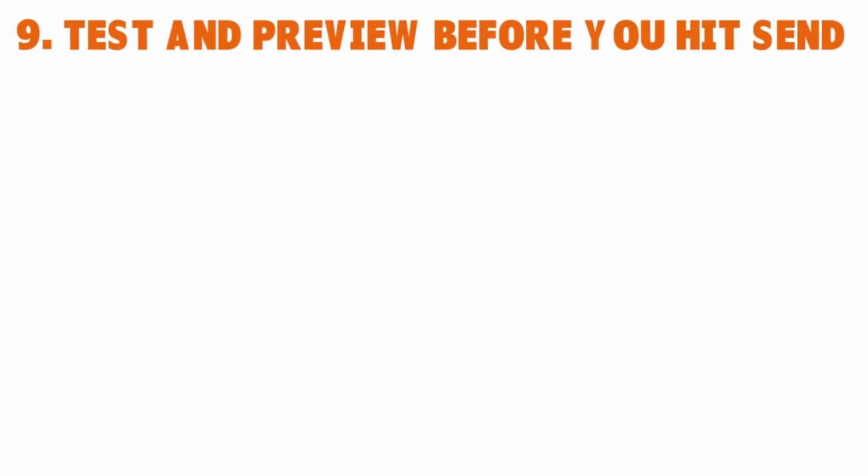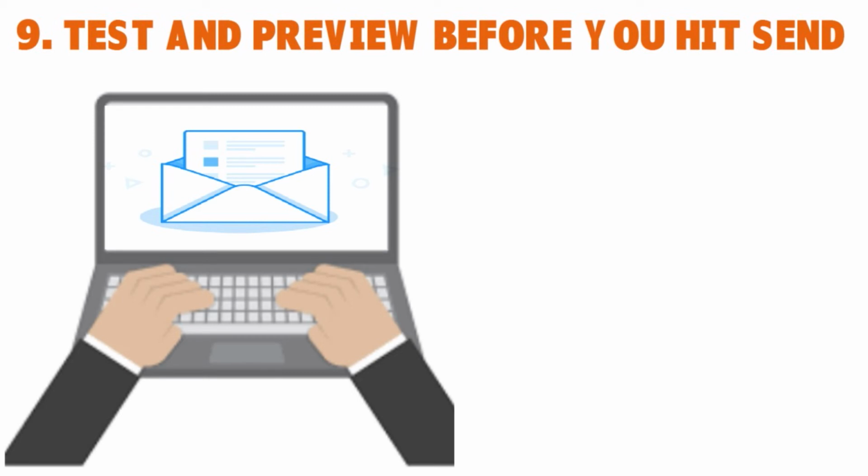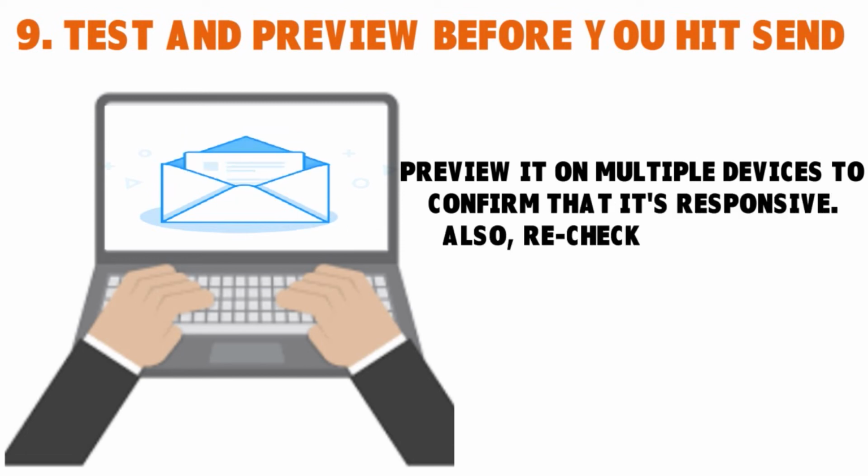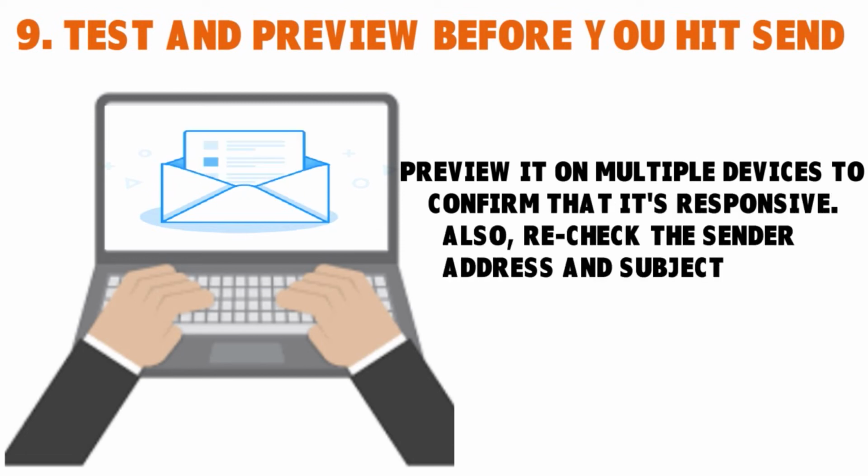Tip number 9. When it comes to designing an impeccable email newsletter, you want to test and preview before you hit send. So you want to send your newsletter to a test email address to check for typos in content or layout errors before emailing it to all your contacts. Preview it on multiple devices to confirm that it is responsive: smartphone, desktop, tablet, and phablet.